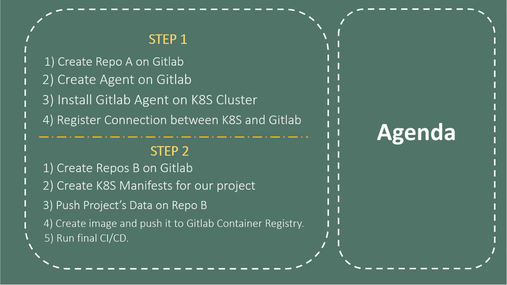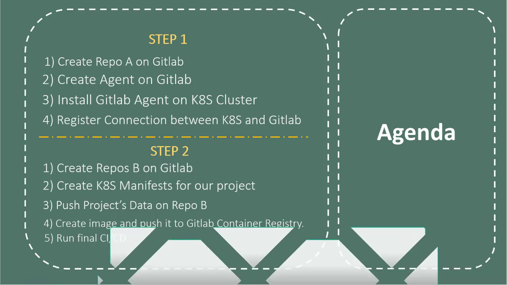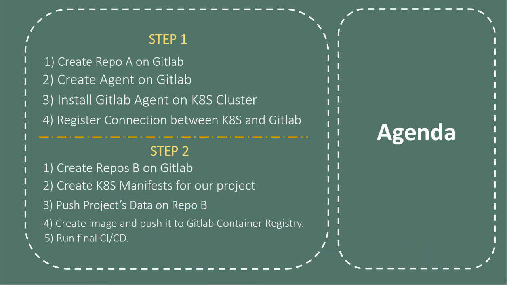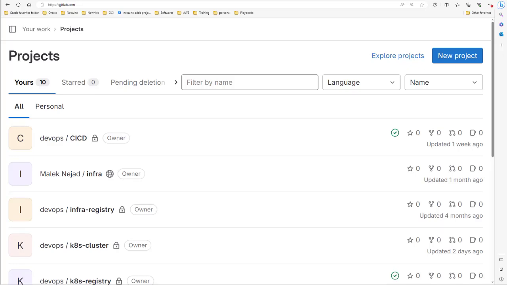For this presentation, I'm using gitlab.com. I connect to my account on GitLab and create two repositories there. During the creation, I will describe why we need two repositories. Okay, here is my GitLab account.